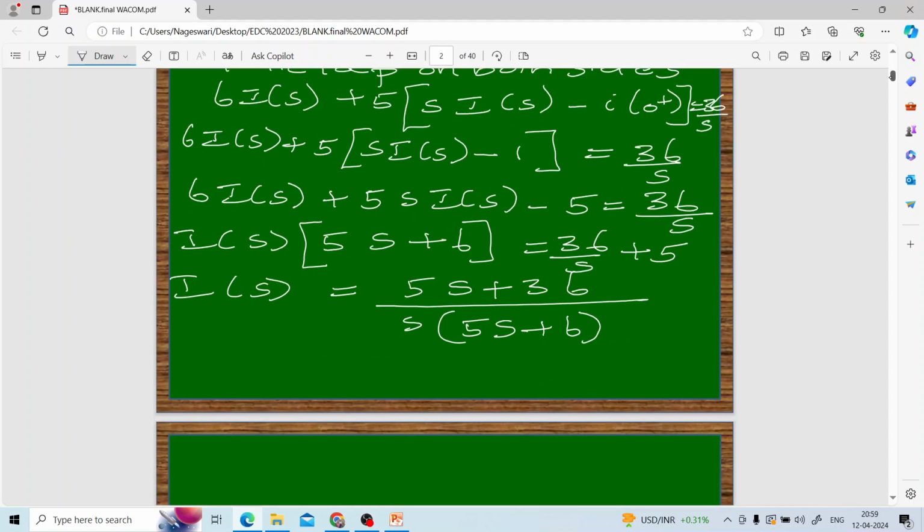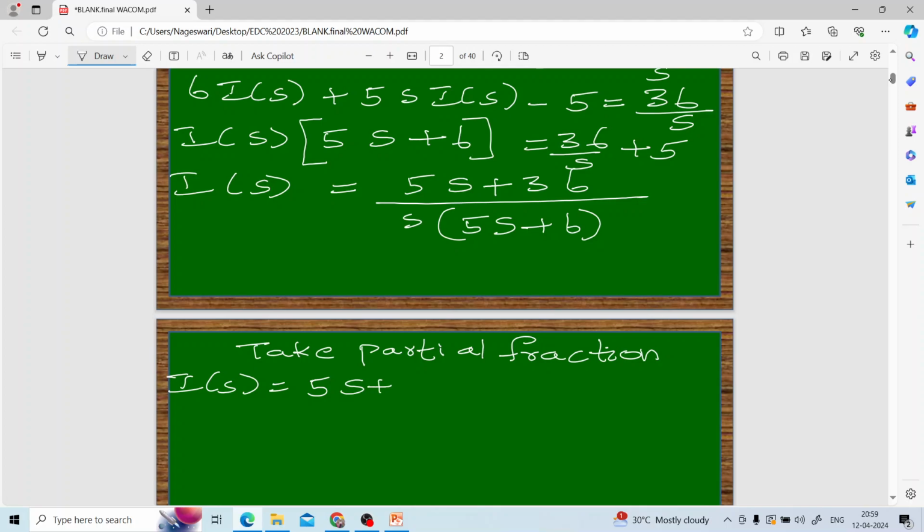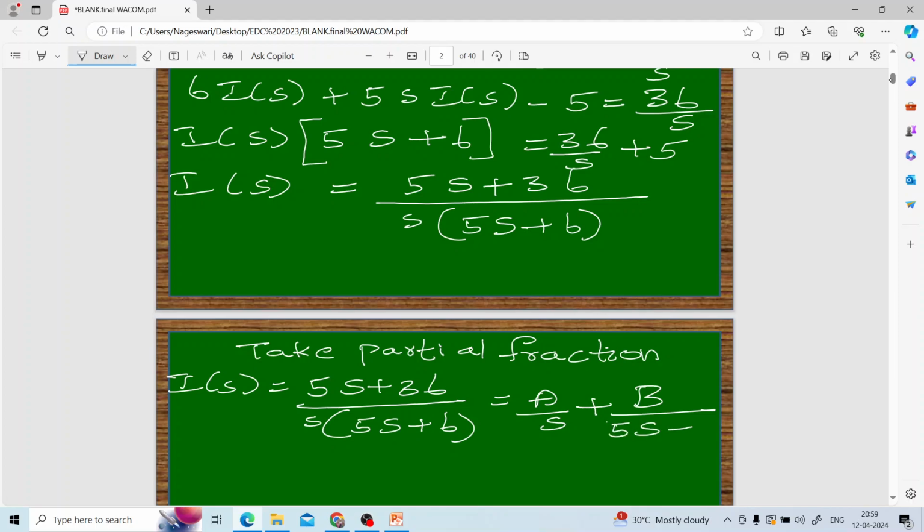Now as usual, the next procedure is we have to take the partial fraction. So I of s is equal to (5s plus 36) divided by s into (5s plus 6), which is equal to a divided by s plus b divided by (5s plus 6).